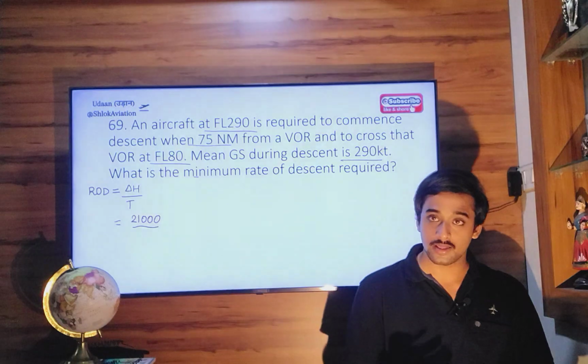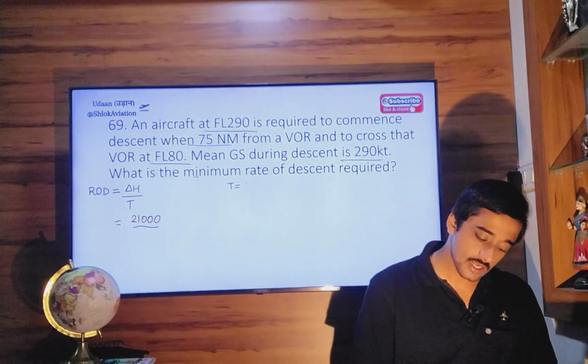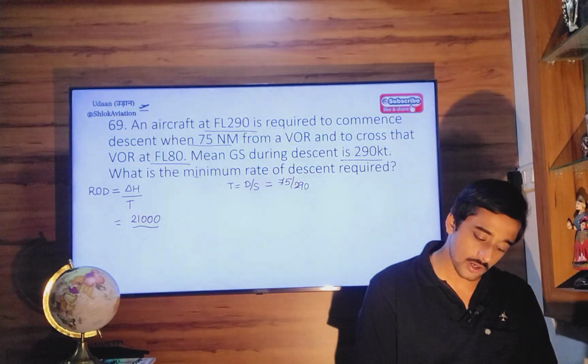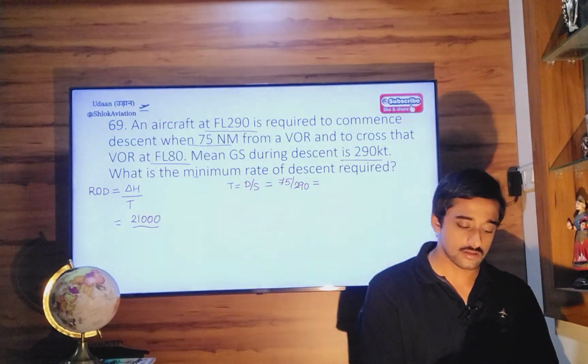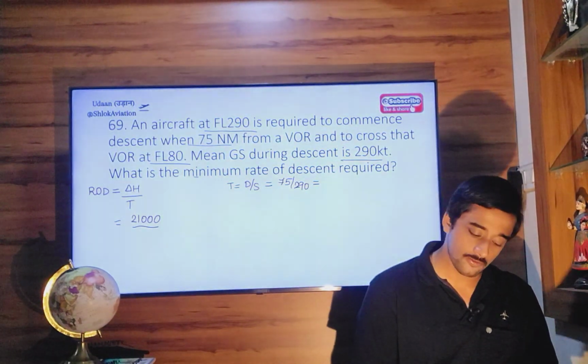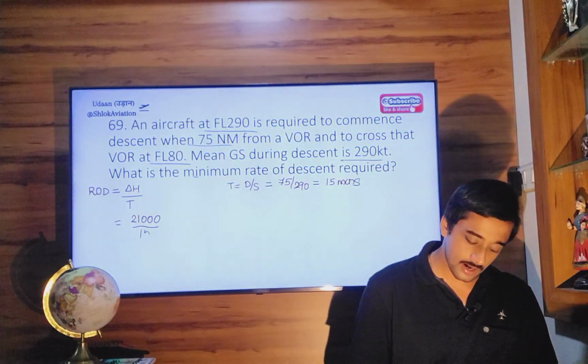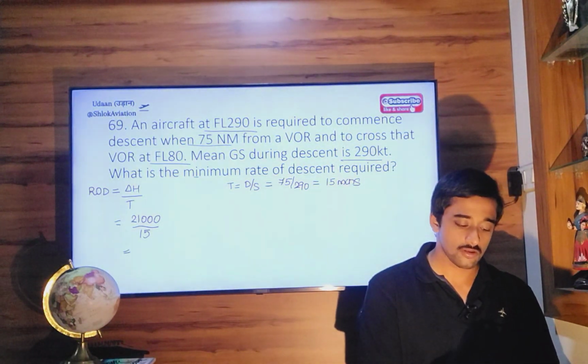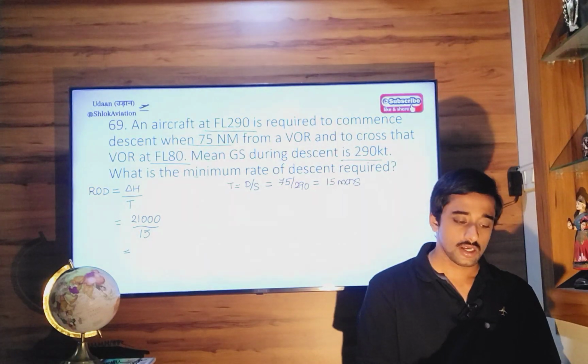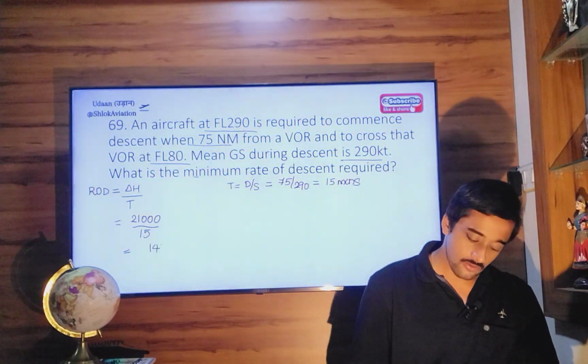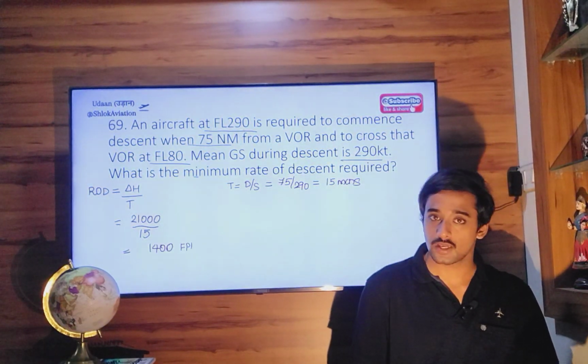Time taken is distance divided by speed. So 75 miles divided by 290 knots, which is equal to 15 minutes. So 21,000 divided by 15 is 1,400 feet per minute. Simple.